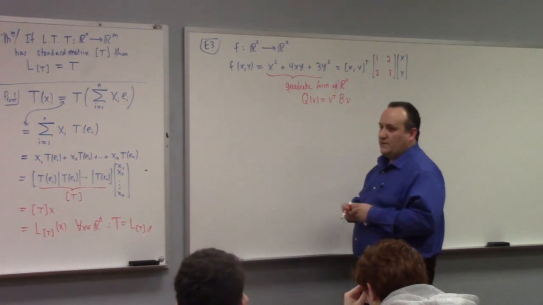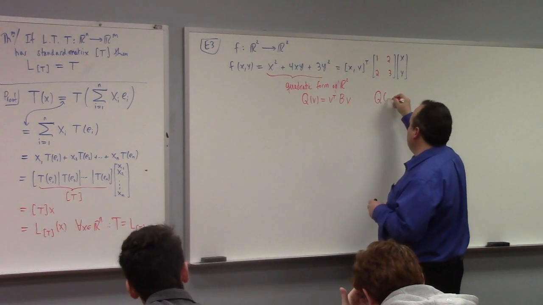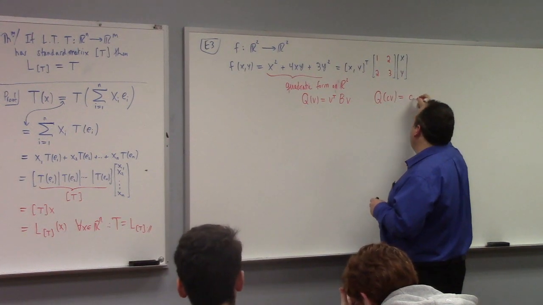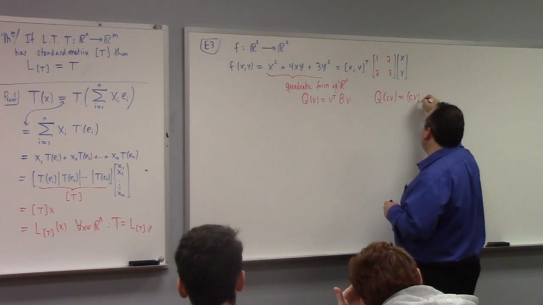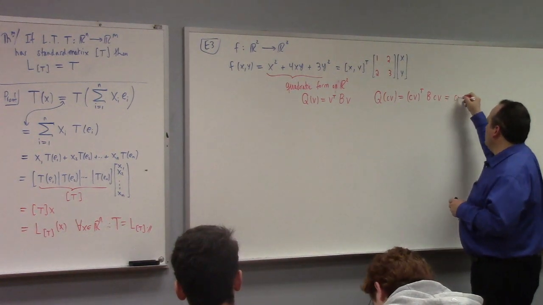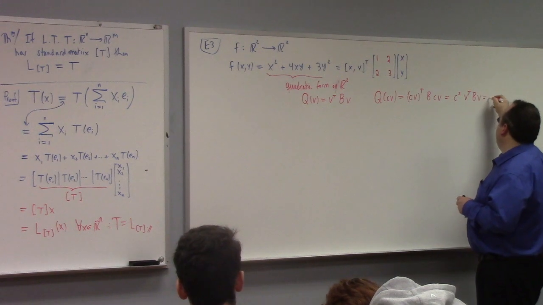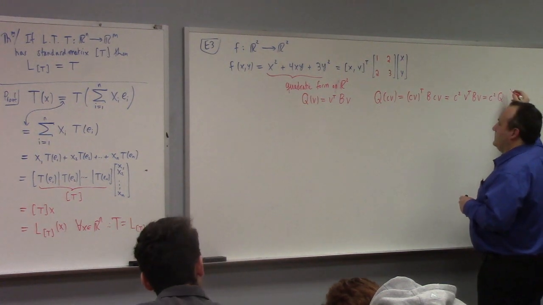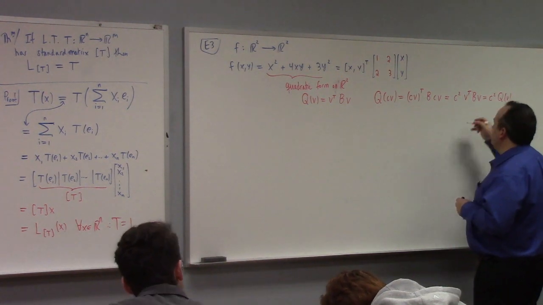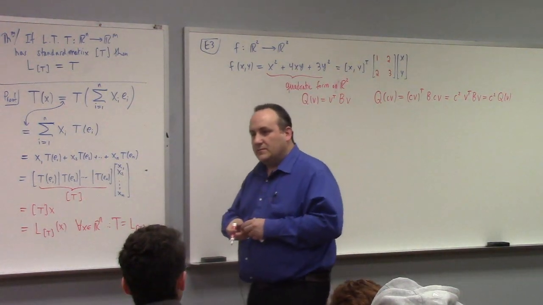That would be the formula for a quadratic form. And for a quadratic form, if you put in a constant, you get back the constant times the vector transpose times the matrix times the constant times the vector, which you can pull a c squared out of. So this function, to be technical, is homogeneous degree 2.